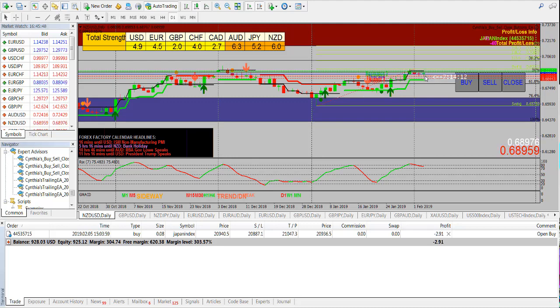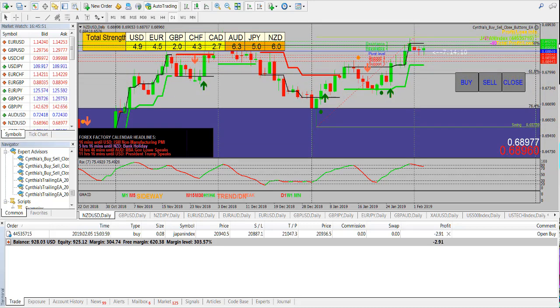And you can see here today we have sort of a doji green candle, and the price has been back here several days ago hitting support, but basically the trend is up because the price is still above the green support channel line.